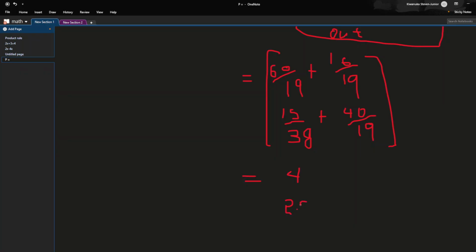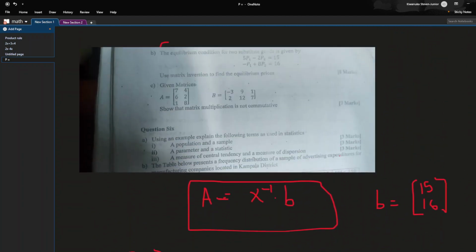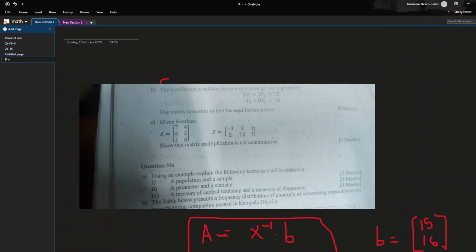That means our P1 equals 4, and our P2 equals 2.5. This is 8 marks, and it's something simple and possible.